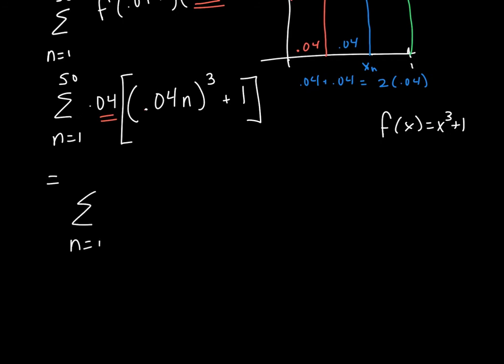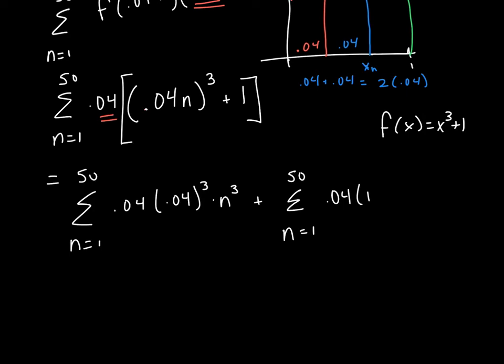This is the summation from n is equal to 1 to 50 of 0.04 times 0.04 to the third times n to the third, plus the summation from n equals 1 to 50 of 0.04 times 1.